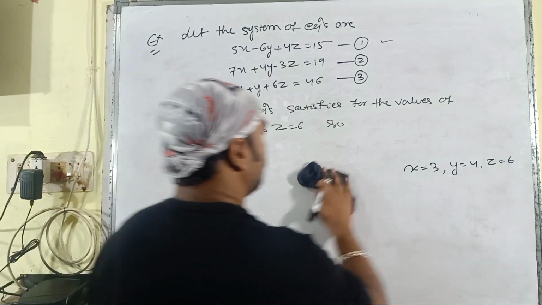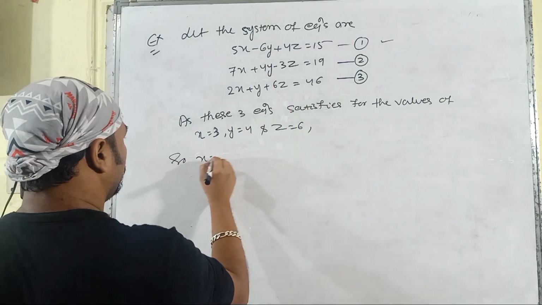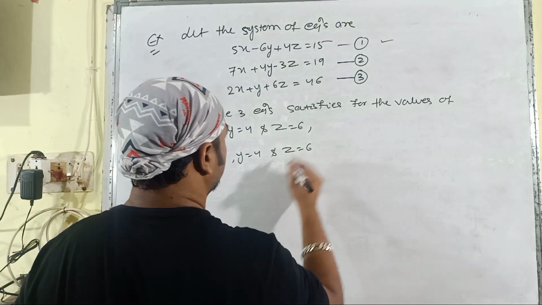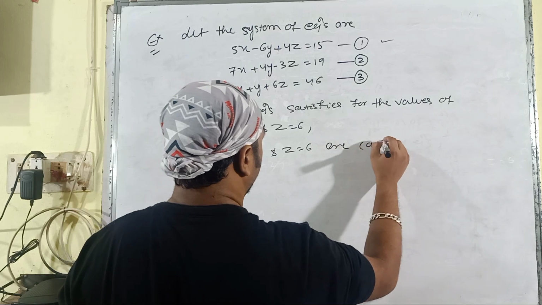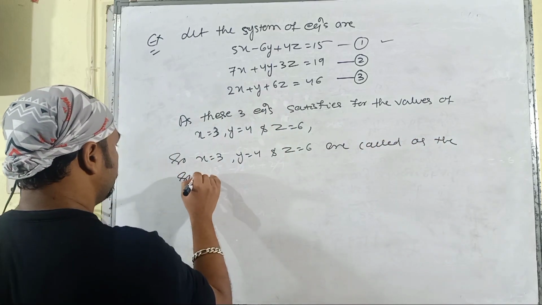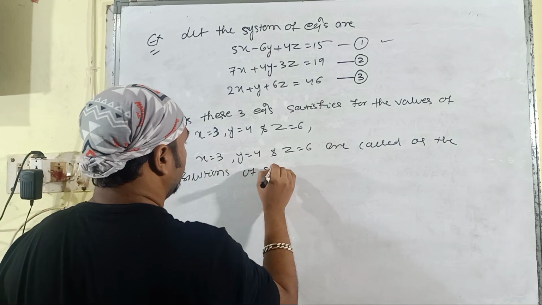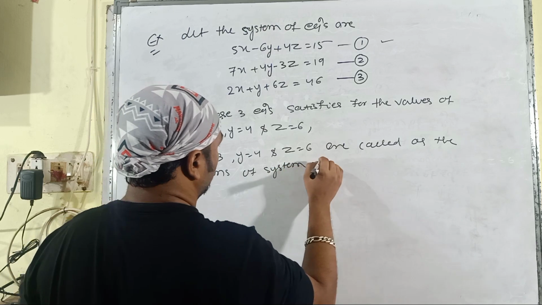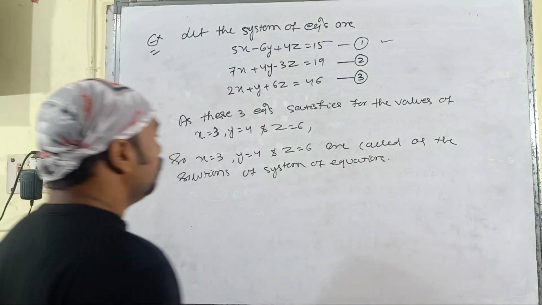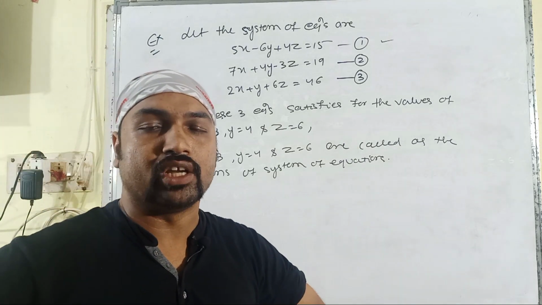So x is equal to 3, y is equal to 4 and z is equal to 6 are called the solution of the system of equations. So it is all about the problem based upon the system of linear equations in three variables.